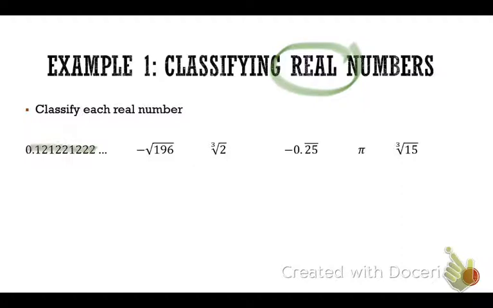This one's been kind of throwing people off today. All right, 0.121221222. See lots of 1s and 2s. Could you bet with certainty, 100%, what the next 3 numbers will be? No, you can't. You could guess, but there is no pattern there. You can say, well, I switched the 2s around and then there's one. No. I've heard all those today, but this is an irrational number.